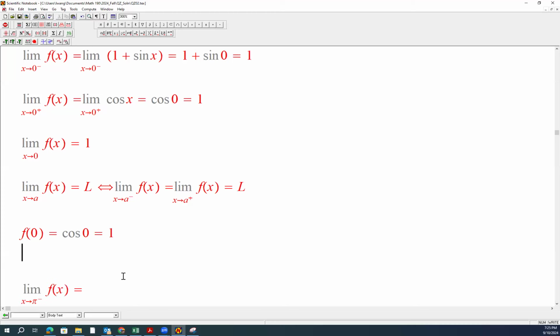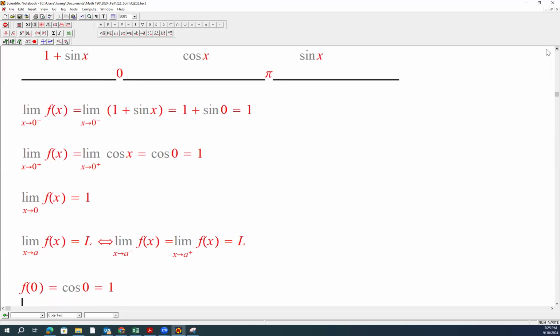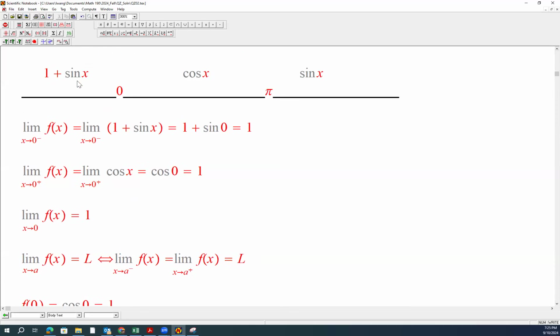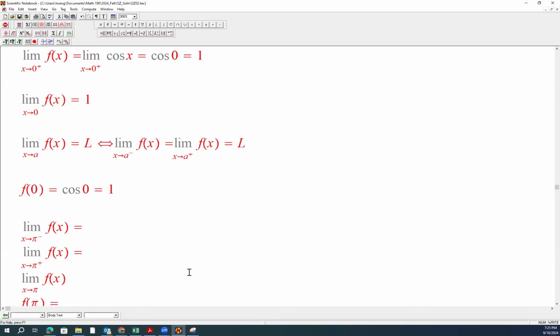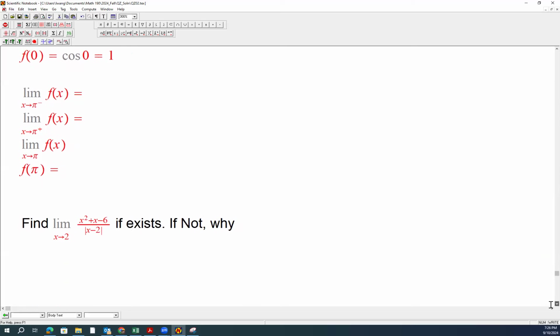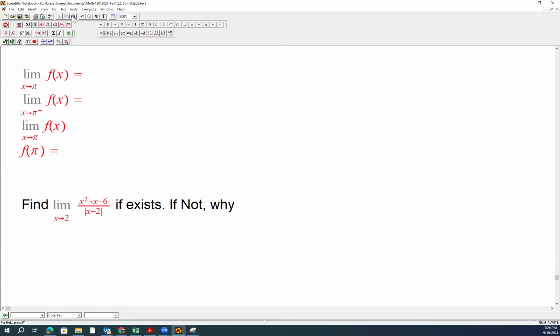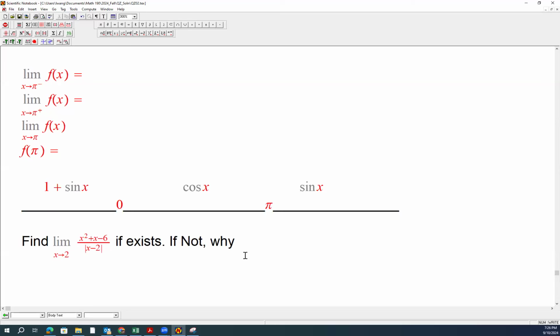All right, let's look at the point pi. I'm going to bring this picture with us so you can have a better view of it. So at pi, what happened at pi?